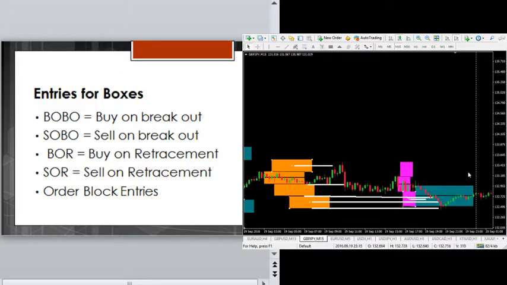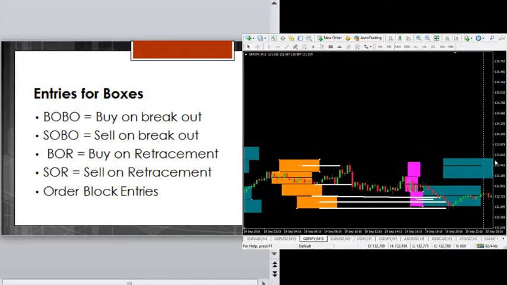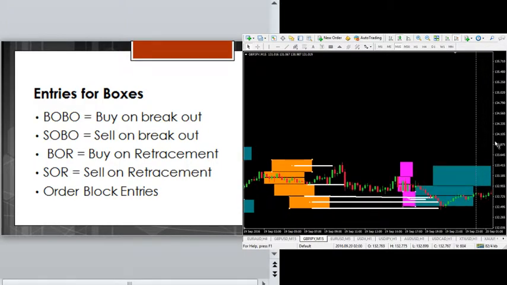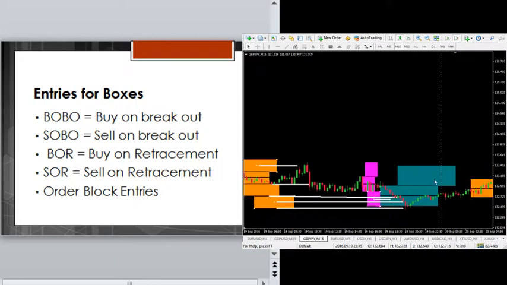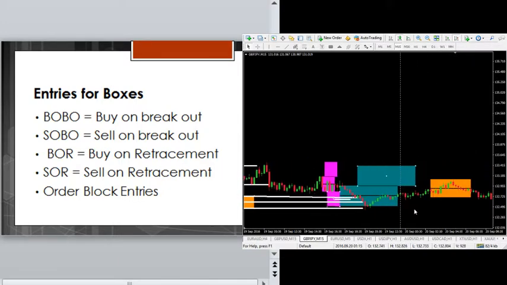Now I'm going to move one box up and one box down again on this pre-Asian box. It's still within this box, but it breaks a little. But because of this order block here, the price rejected downward.